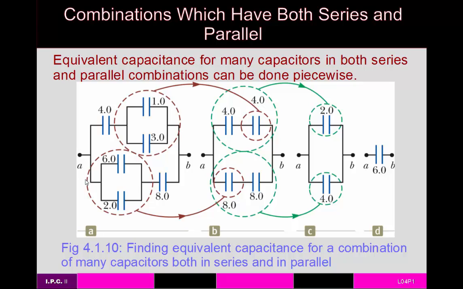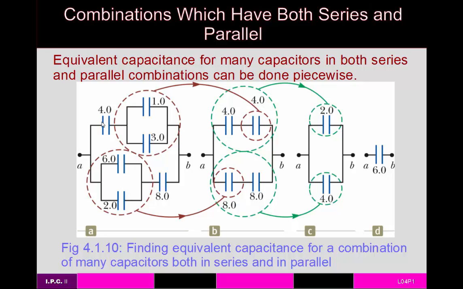So in this particular circuit, you see that this 4 is in series with both the 1 and the 3, and collectively all 3 are in parallel with the 6 and the 2 and the 8. The 6 and the 2 are in turn in parallel with each other, and both together are in series with the 8.